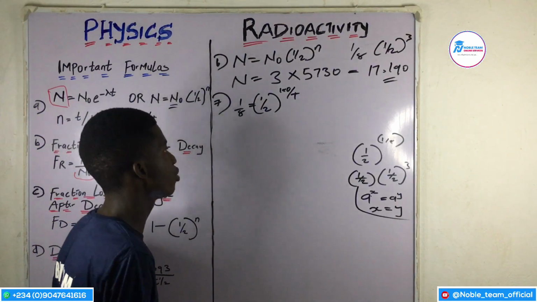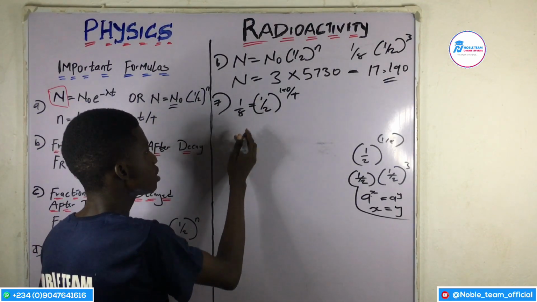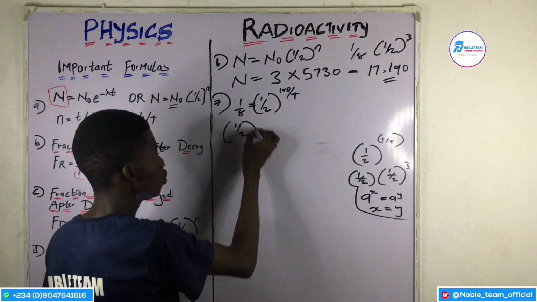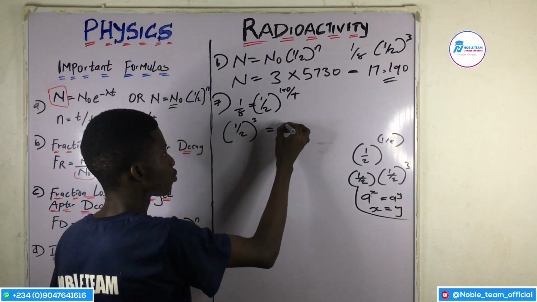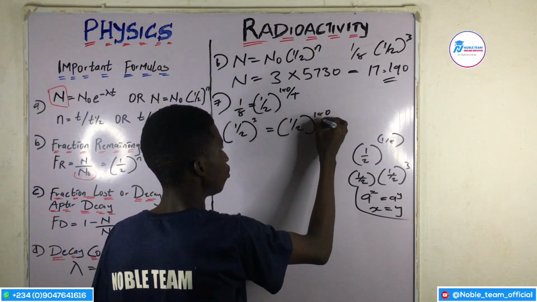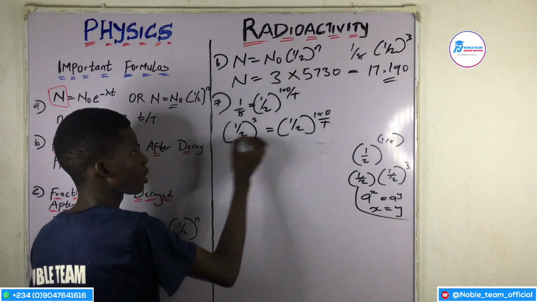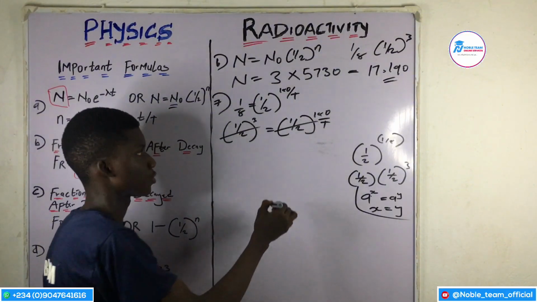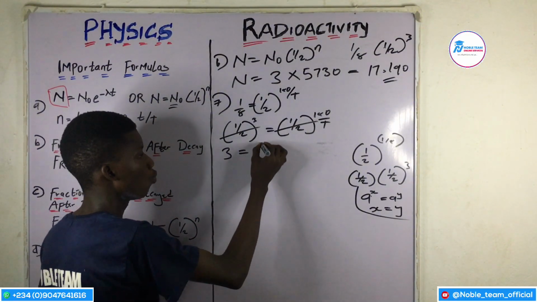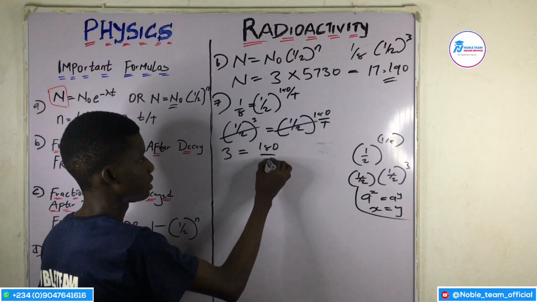So the first thing that we are going to do is to deduce this. So (1/2) raised to power 3 is now equal to (1/2) raised to power 180 over t. So what is common here? 1/2. So we now bring down the powers: 3 is equal to 180 over t.